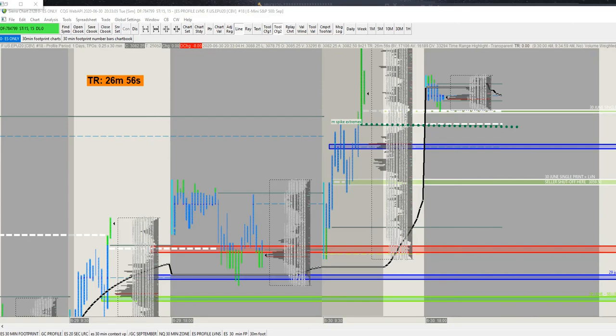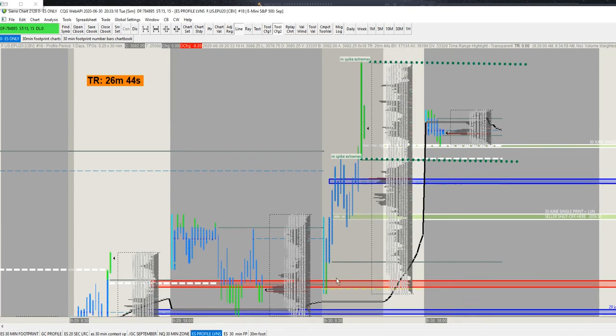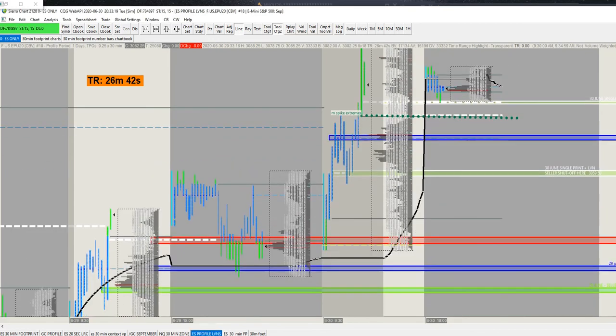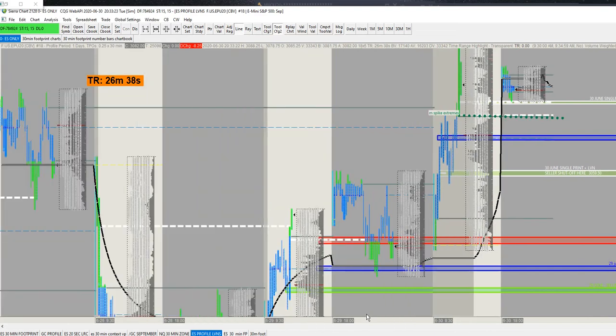If we resume with the market profile here on the ES, so ES once again, the S&P 500 index. If you look at today's auction, the first clue that told me that we were most likely going to go up is one little detail.